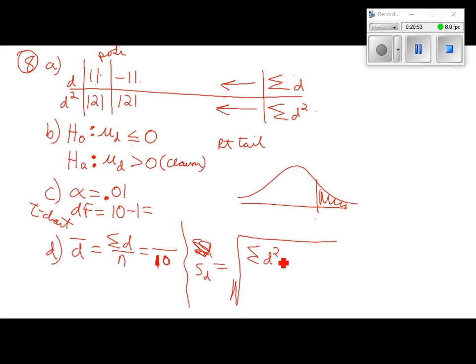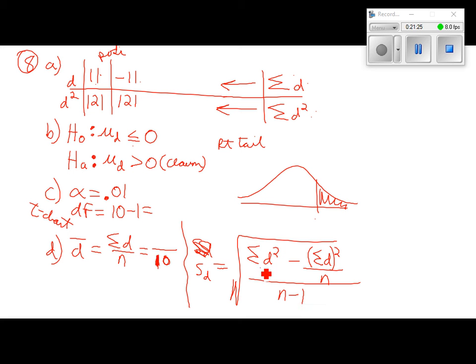Sum of D squareds, which is going to come from right here, minus the sum of D squared, so this number squared, divided by the number in the sample, which is 10, and all of that divided by N minus 1.